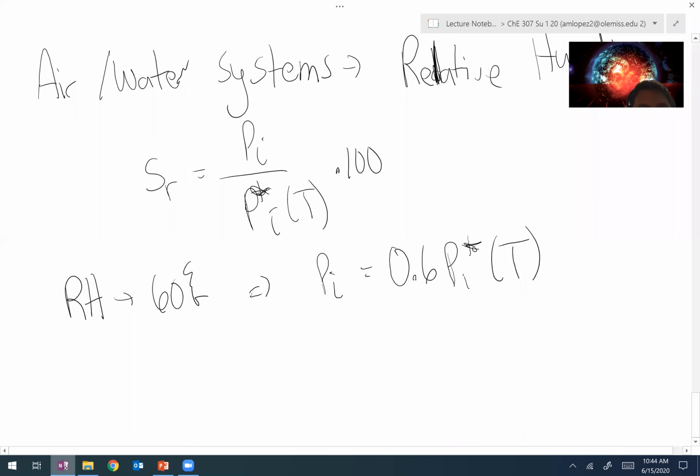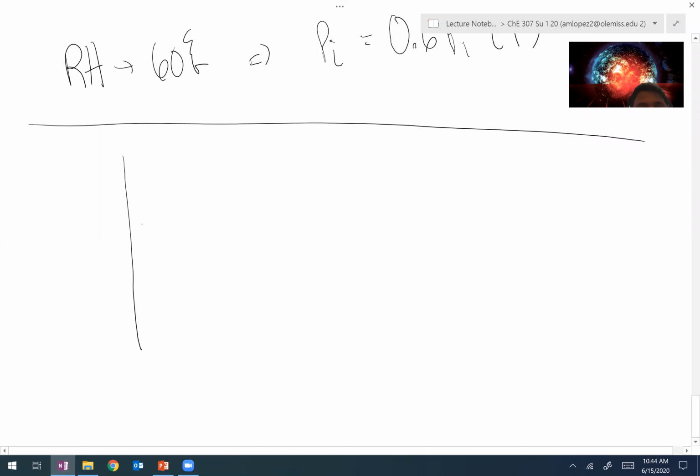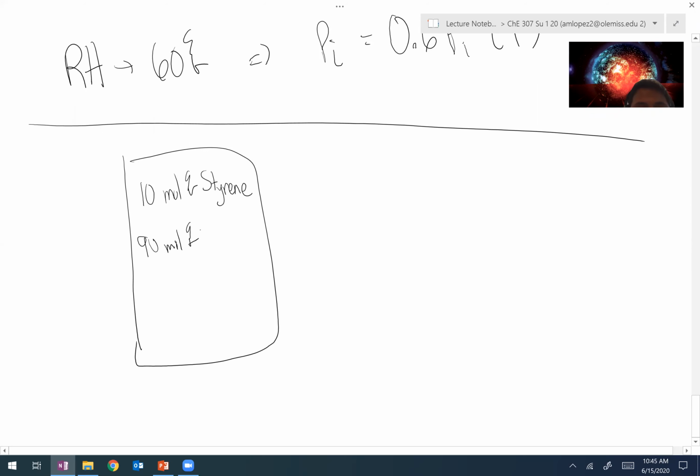So let's look at this one. It's a little different, not working with water. So I've got a gas tank. It's got 10 mole percent styrene, 90 mole percent non-condensables, other stuff.